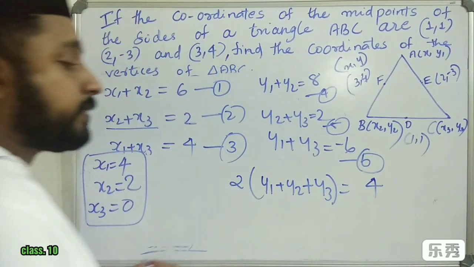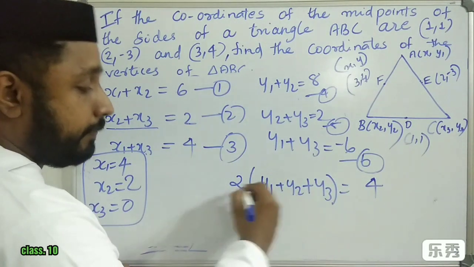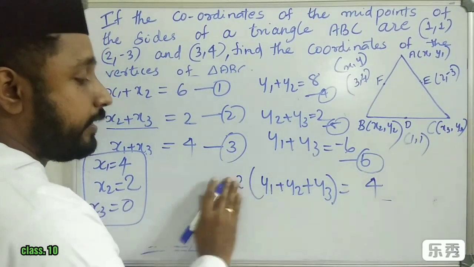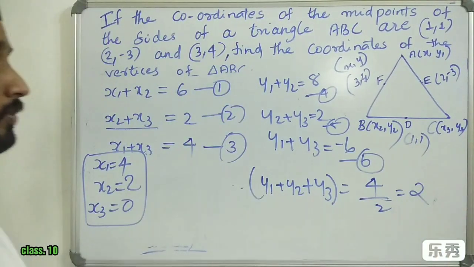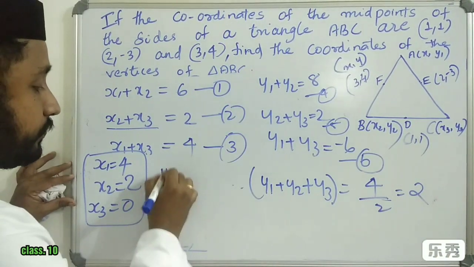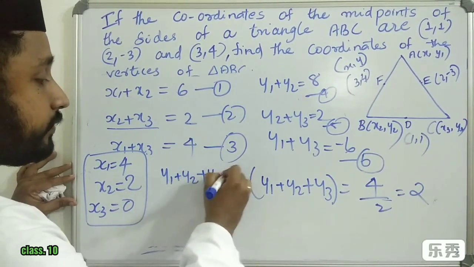So y1 + y2 + y3 is equal to 4, dividing with 2, we will get 2. So y1 + y2 + y3 is equal to 2.